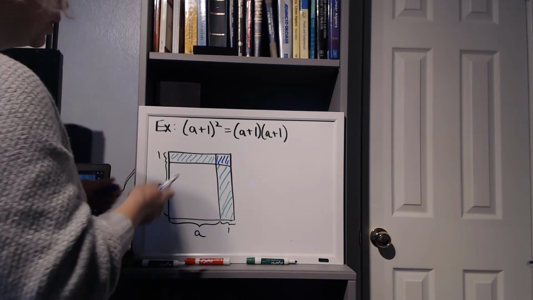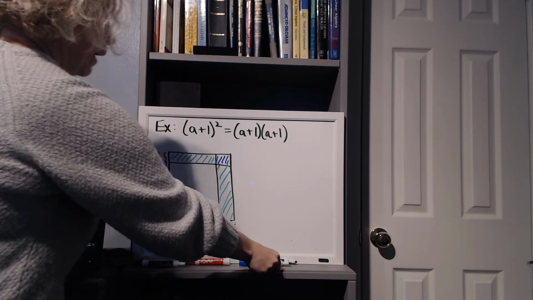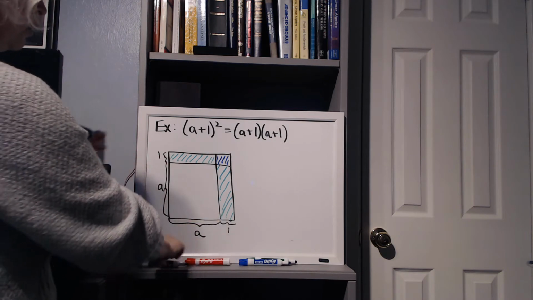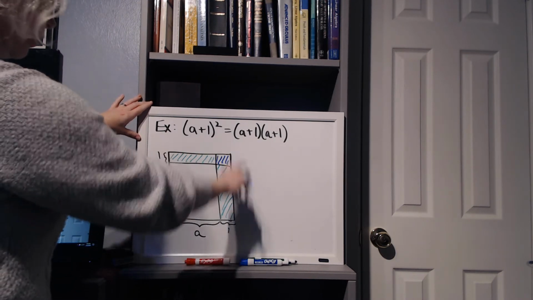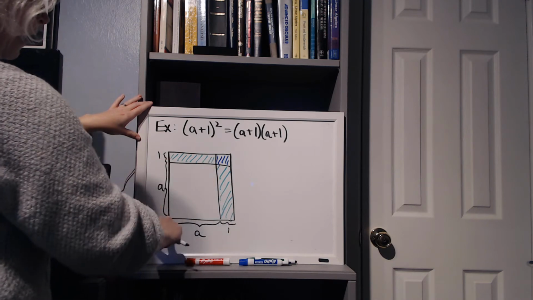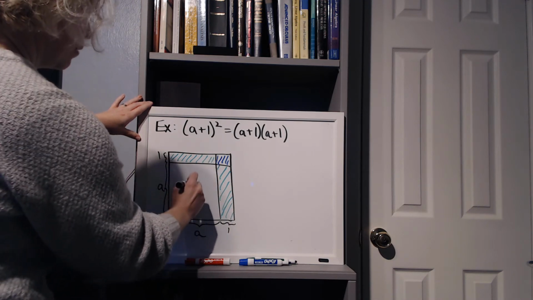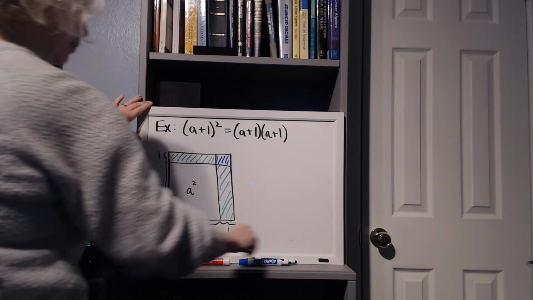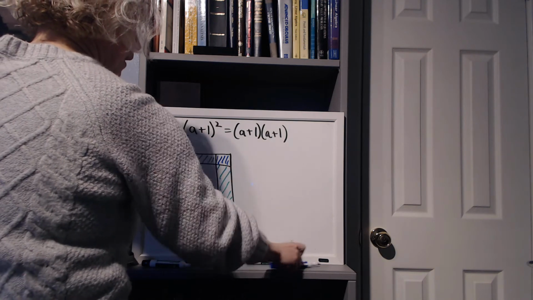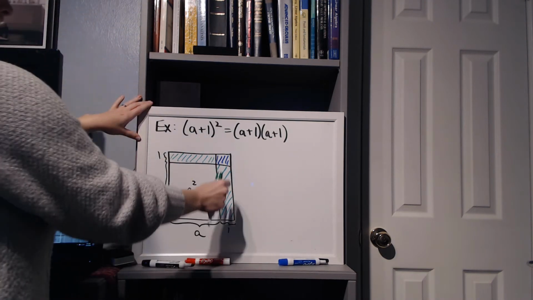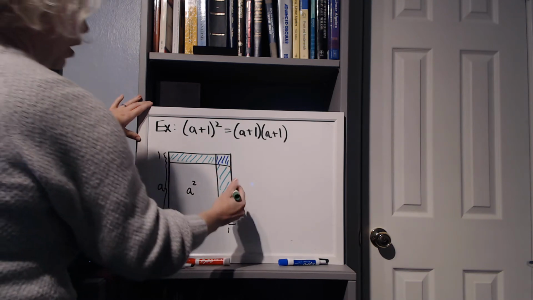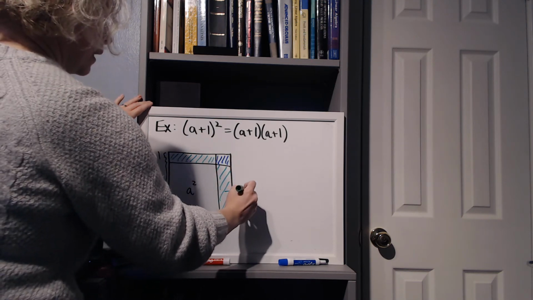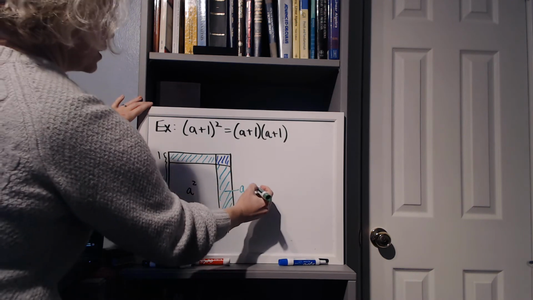Okay, now we know from the way area works, we're looking at length times width for the area of a square. If we look at the smaller square out of the larger one, with side length a, we're going to get a times a, which is a squared. If we look at the area of our green rectangles, over here we have a times 1, which of course is equal to a.